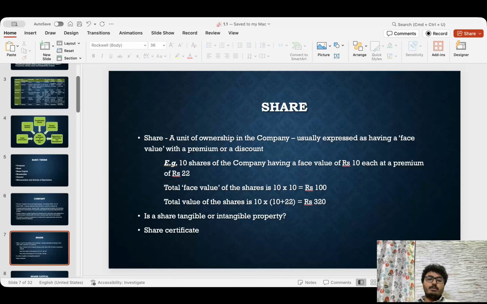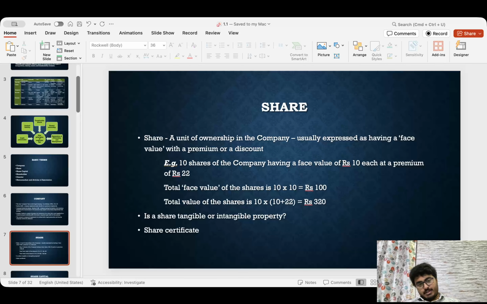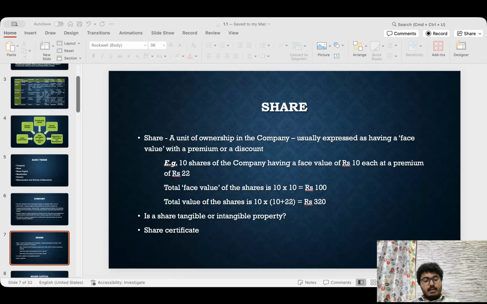Now comes the meaning of shares. A share represents a unit of ownership in a company. Shares usually have a face value and may be used to prove ownership of the company.